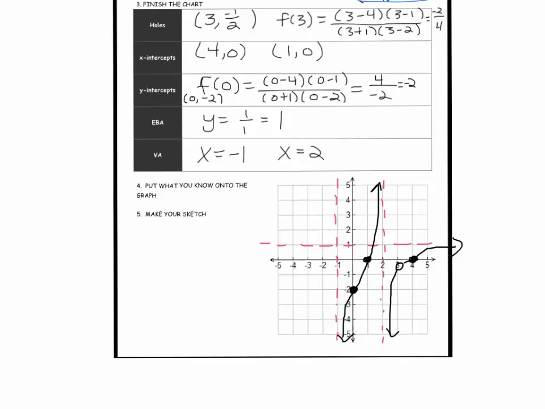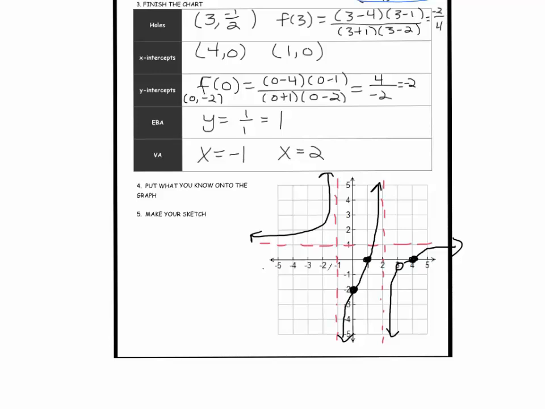Now the function doesn't have any more zeros, so I know the function's not going to cross over the x-axis any more times. That means the remaining part of the function is probably going to be up here like so.